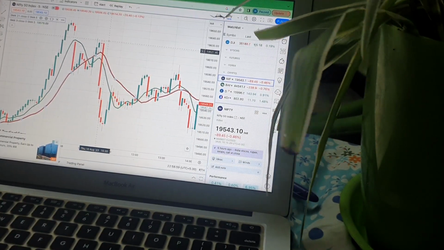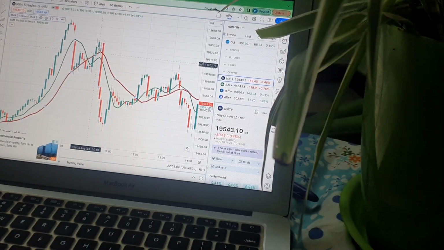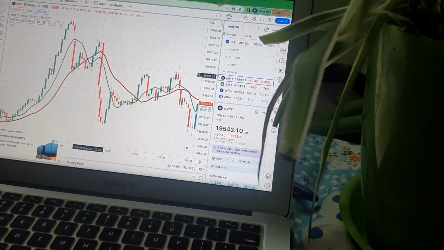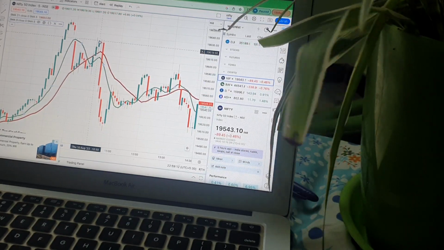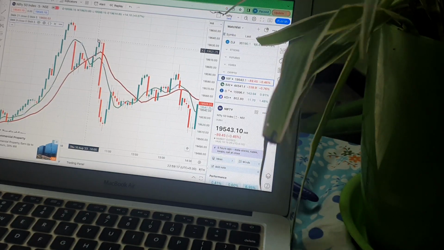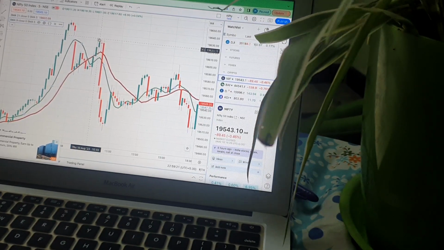Just look here. Now it has gone up from here, but it did not cross. The 9 moving average did not give any crossover, but still these candles have grown up. That indirectly states this is purely a fake move upward.